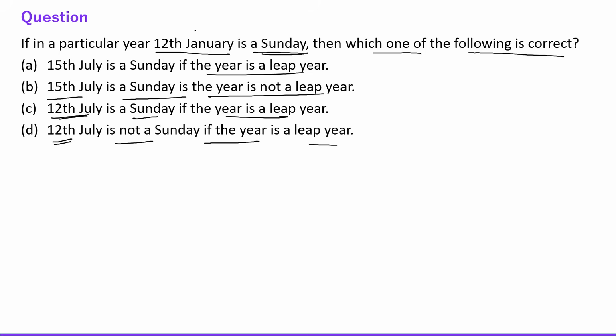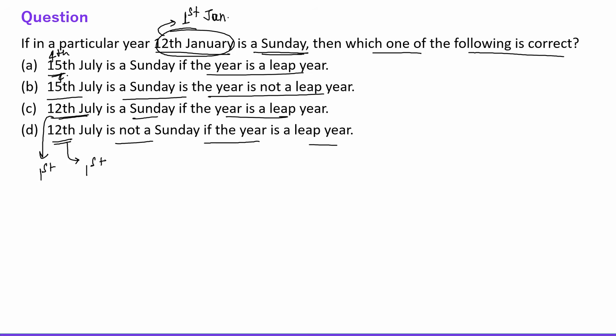Everyone, for the ease of calculation, I'm taking this 12th January as 1st January. And this 12th July, if I'm taking 12th as 1st, then obviously this will be 1st July.